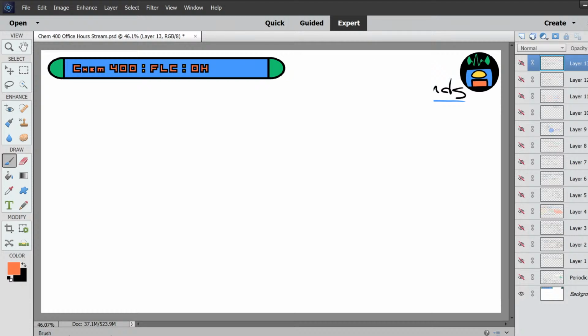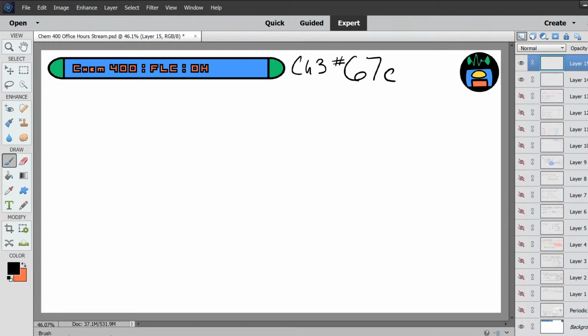All right, so this is going to be chapter 3, problem 67, part C. And they want us to calculate the grams in, and they give us a bunch of different samples, but 67 part C says 1 glucose molecule.